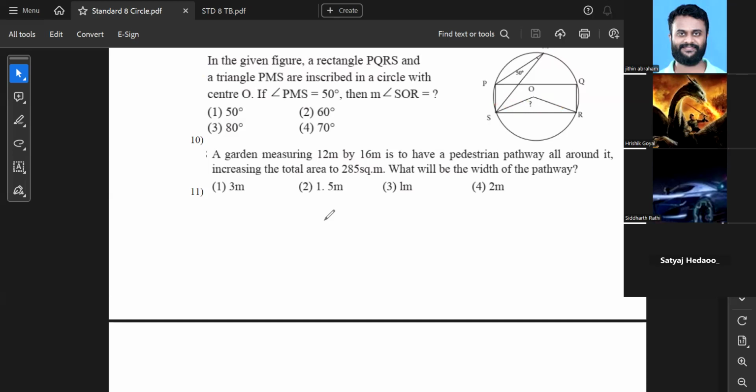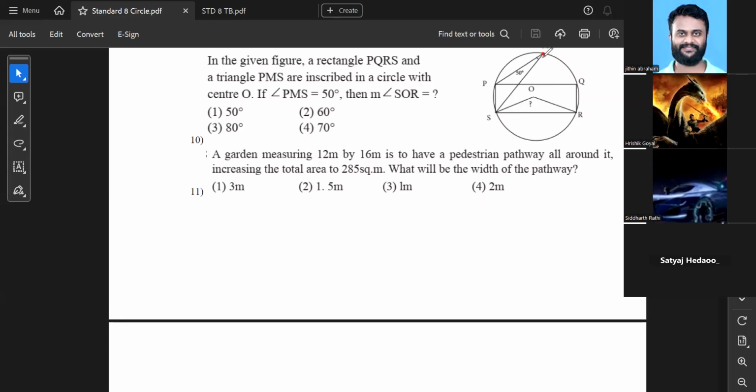I'll tell you, hold on. Okay, now first of all there is a property with a chord. In case of a chord, if you have a point like this, this triangle is made by the chord, and this is the angle subtended by the chord at the circumference of the circle. Do you agree with this? Yes, sir.